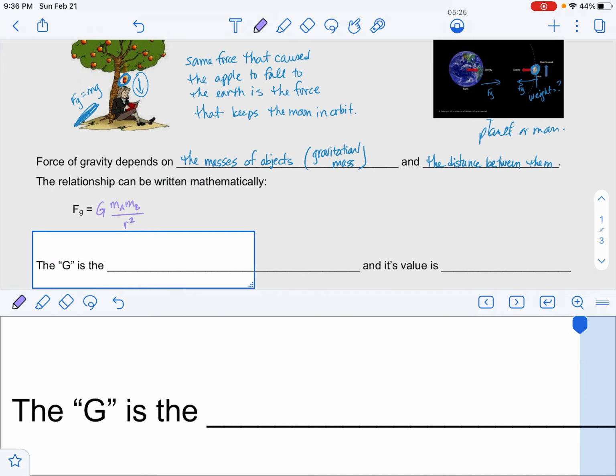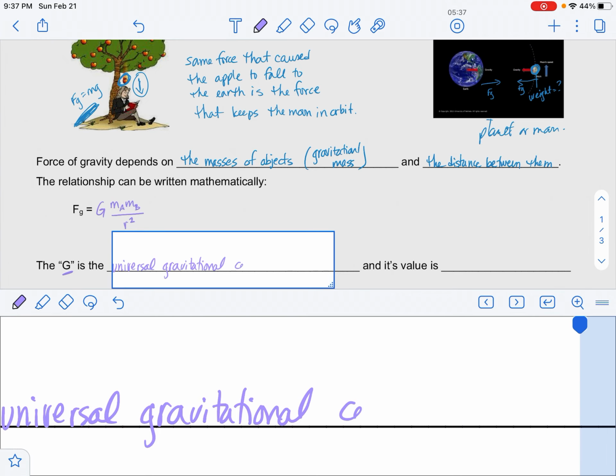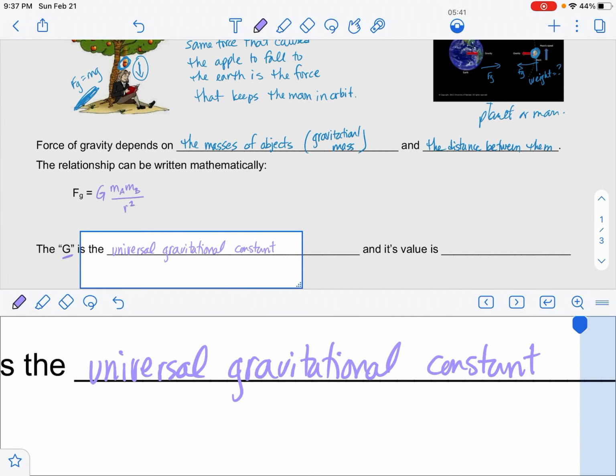Now, what about this G? This is a capital G. It is the universal gravitational constant. And what that means is universal, right? It's the same everywhere. So if you go to Mars, it's the same.